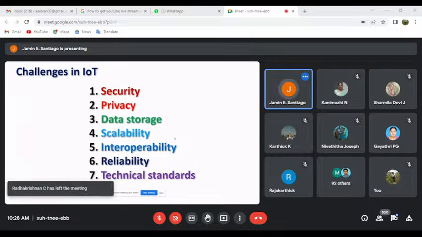Now, the next is reliability. Reliability depends on the quality of the sensors, the quality of the processors, of course, the connections, the gateways. So this is also part of IoT. Then the last is technical standards.